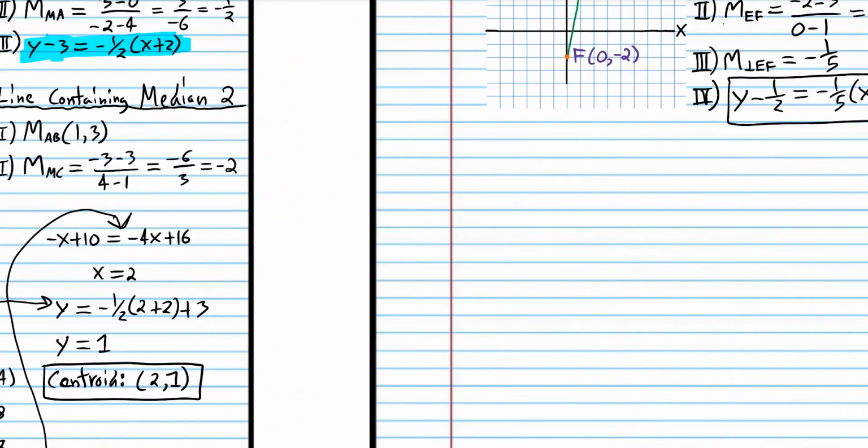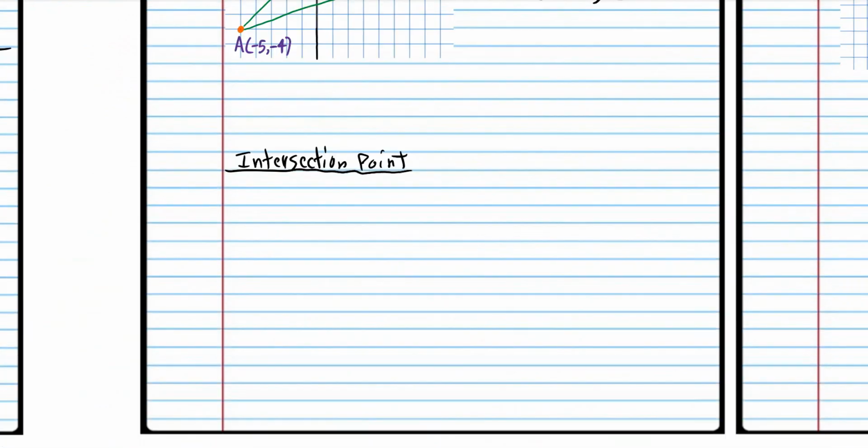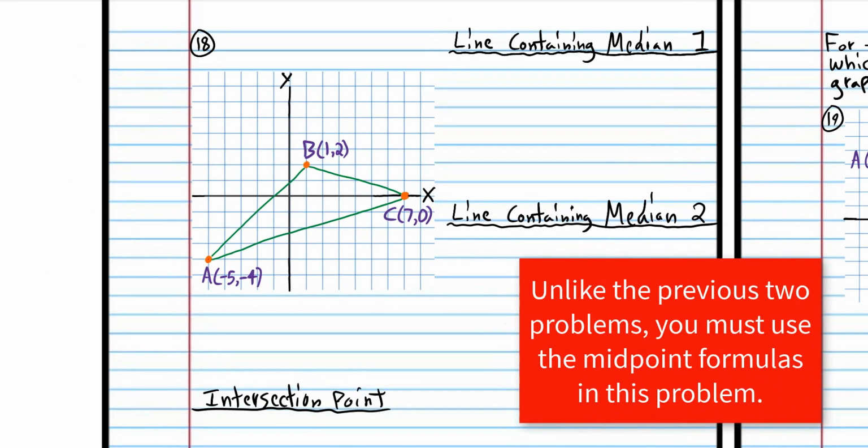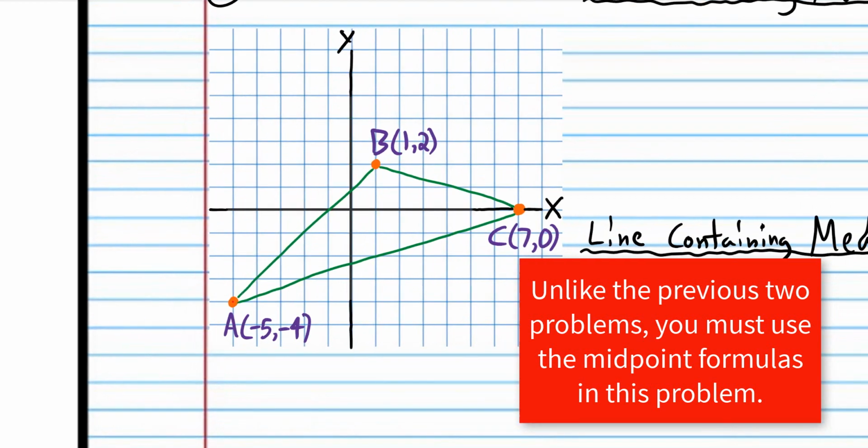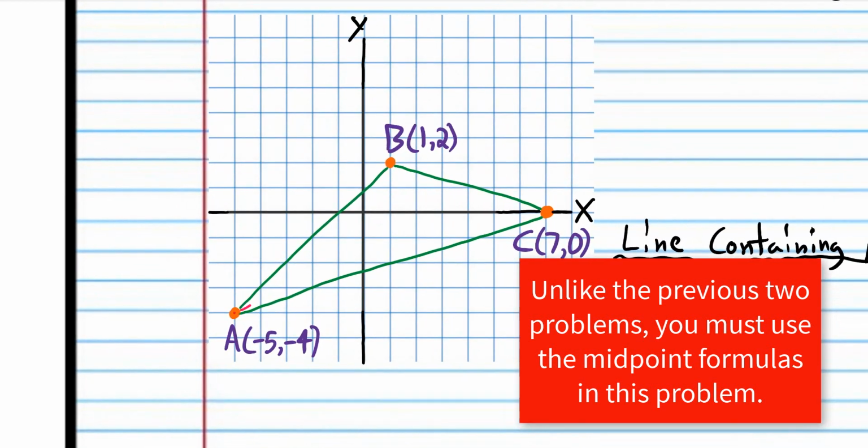So I'm going to have you try one more of those. Again, you're finding the coordinates of the centroid, and so you can follow along with me. I'm going to have you find the equation of this median and this median.